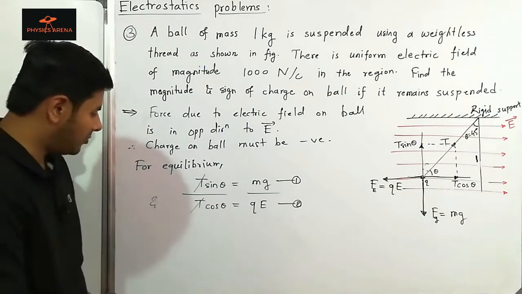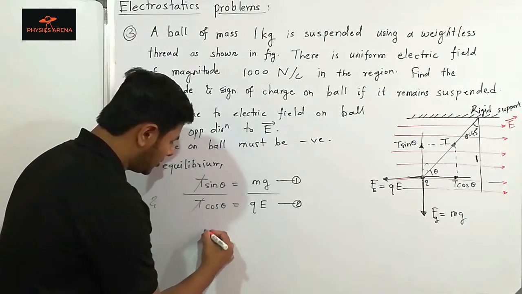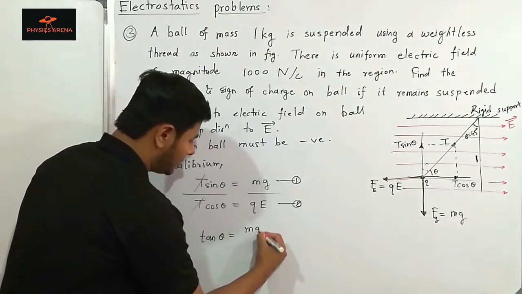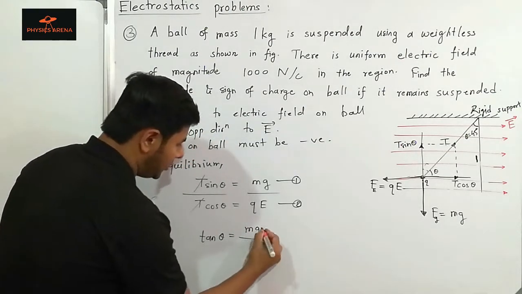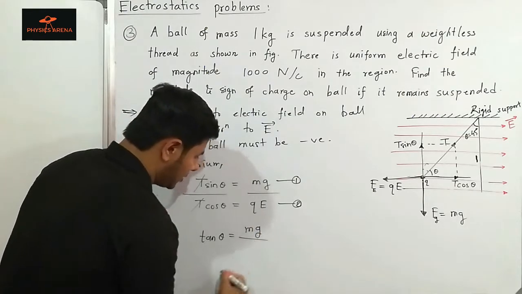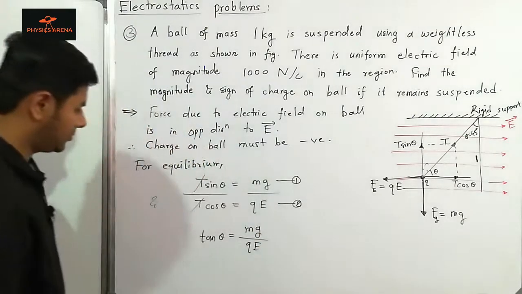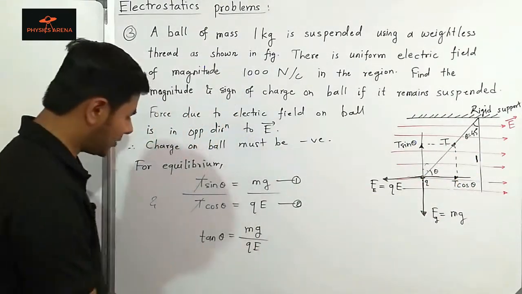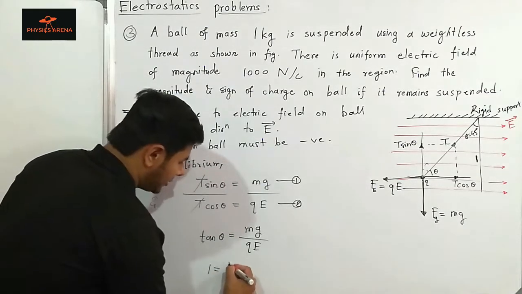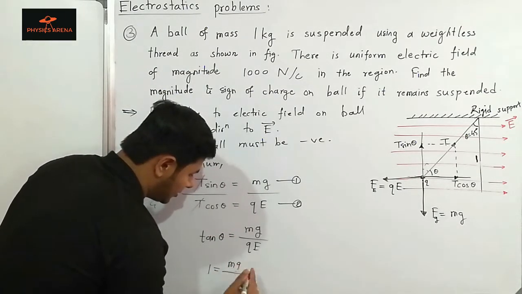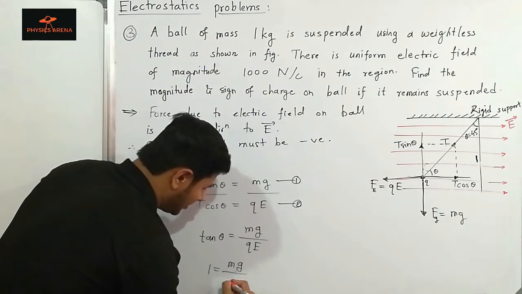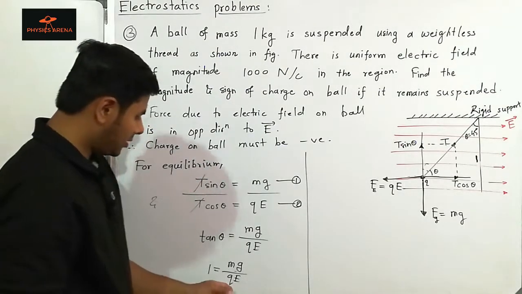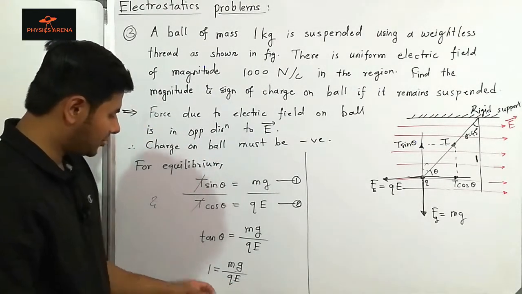So on left hand side, we are left with sine theta over cosine theta, which is tan theta, equals mg divided by Q times E. So tan of theta, and theta is 45 degrees, so we have tan theta equals 1, which is mg divided by Q times E. Now we wanted to find out magnitude of Q, so let's take Q on this side.